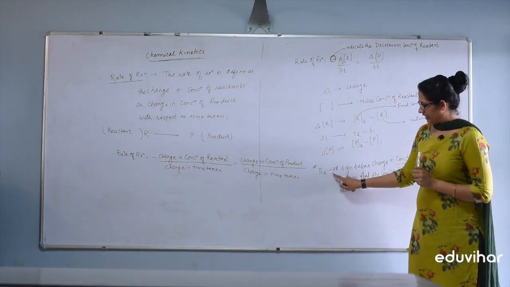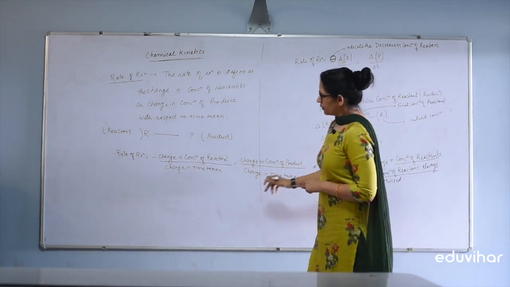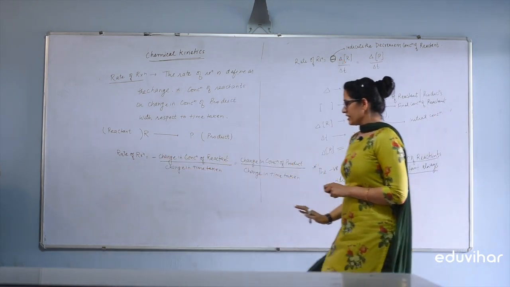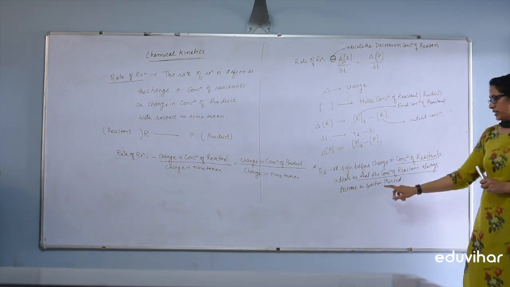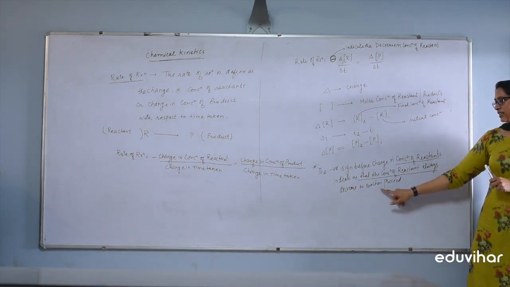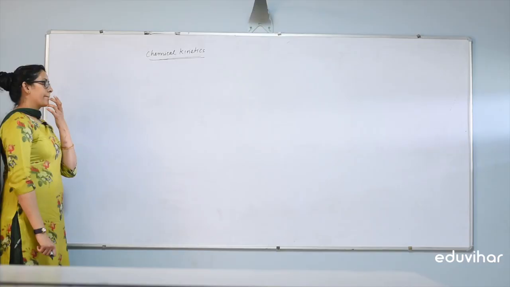Again I am writing the negative sign which I put here and also put here. This represents that the concentration of reactant always decreases as the reaction proceeds, meaning as the reactant gives the product.